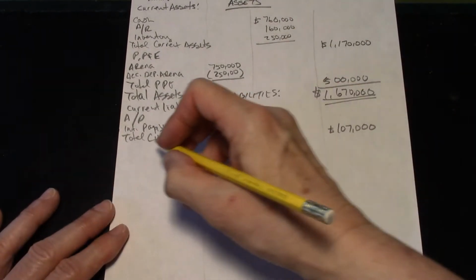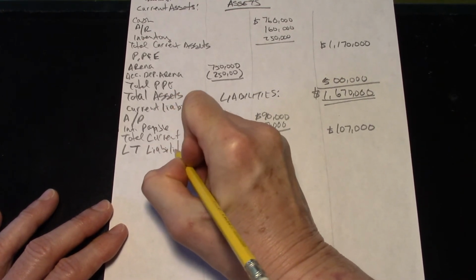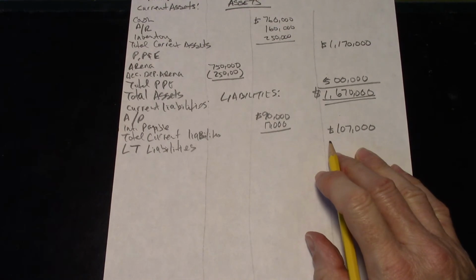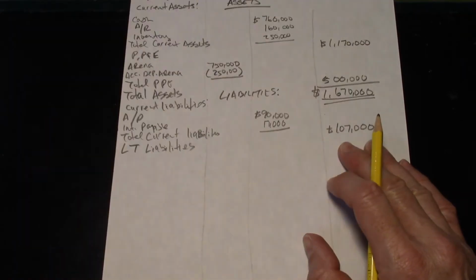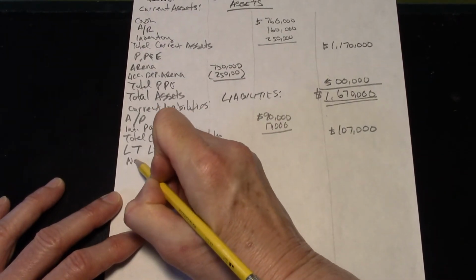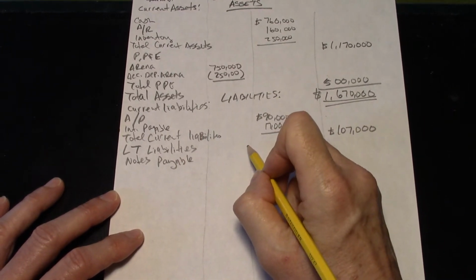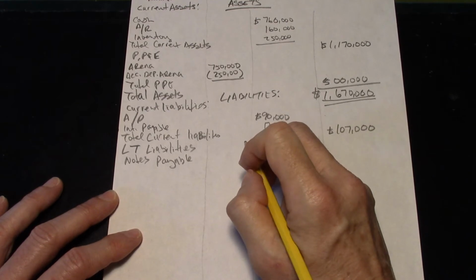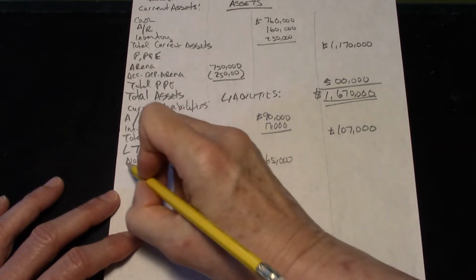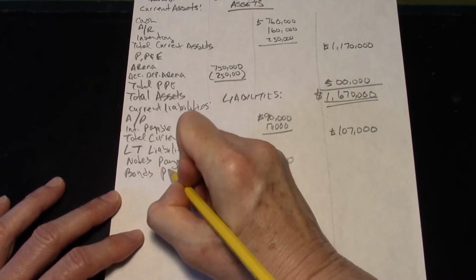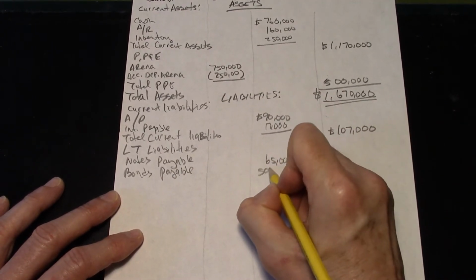Next we have long-term liabilities. I'm just going to abbreviate that LT. All right, and we have two. We got notes payable, and we got bonds payable. Notes payable are 65,000, and bonds payable, they are 500,000.